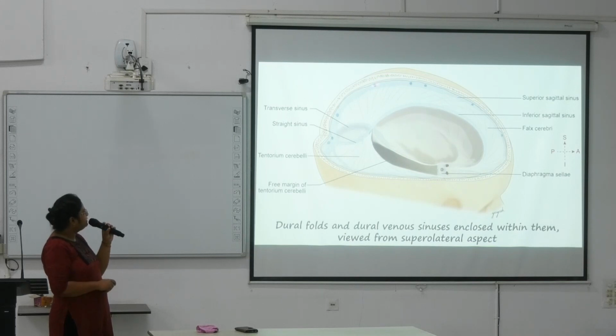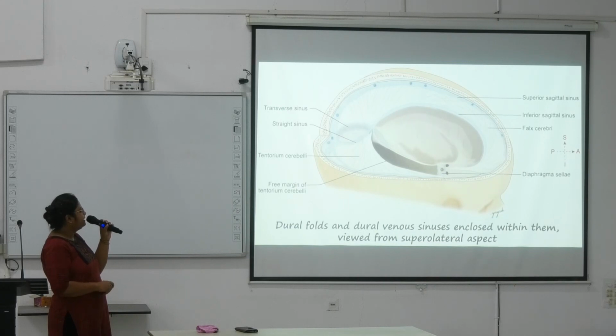Okay, next. See, these are the different folds of the dura mater. You can see here this fold, a single sagittal fold. This is the falx cerebri. Here, in the lower part, in the occipital region, is the falx cerebelli.